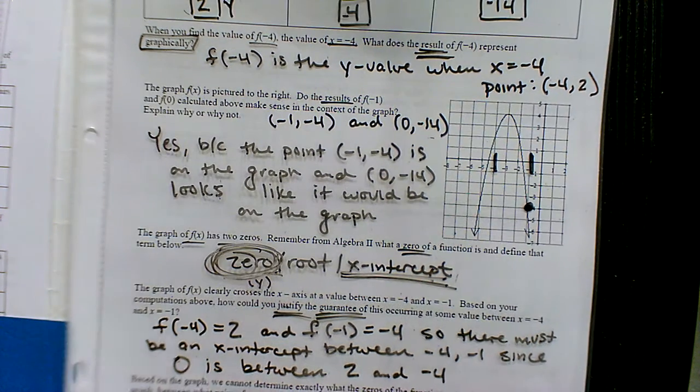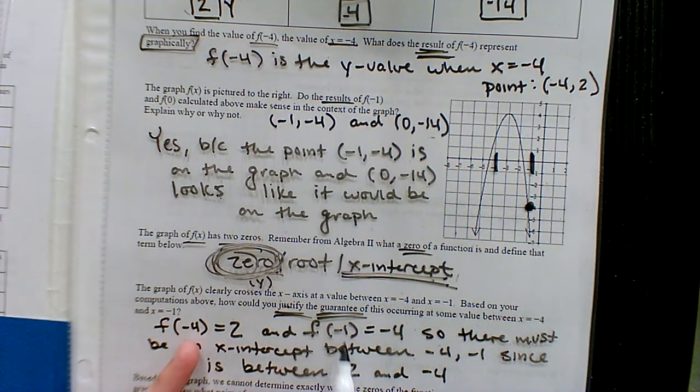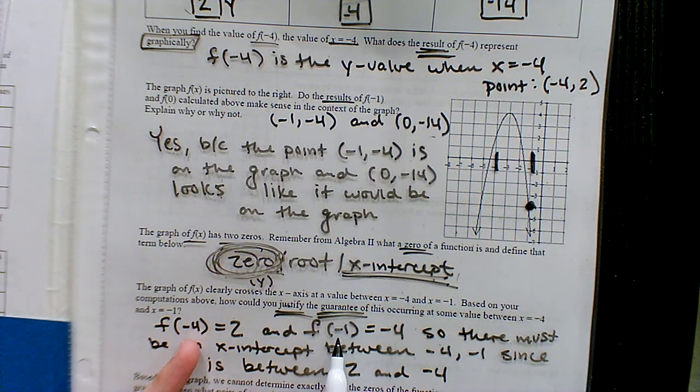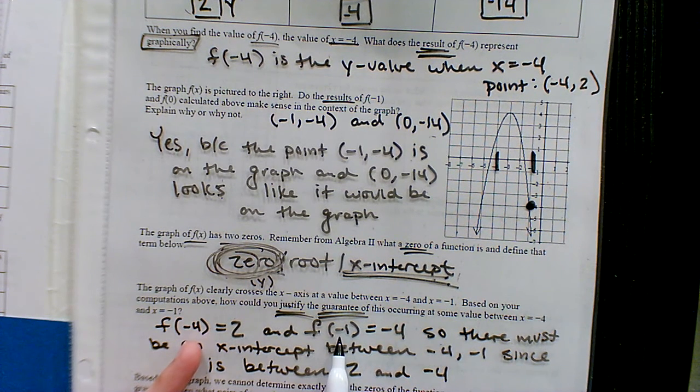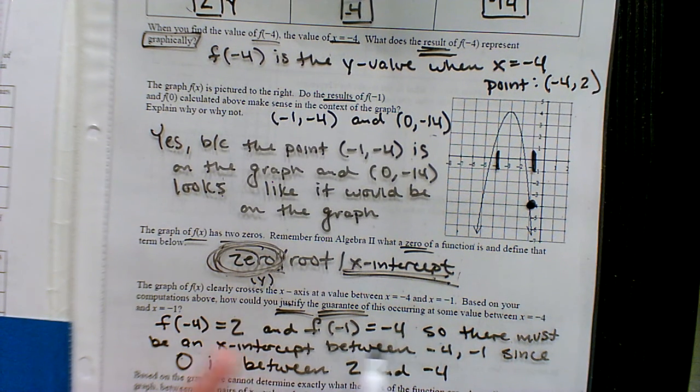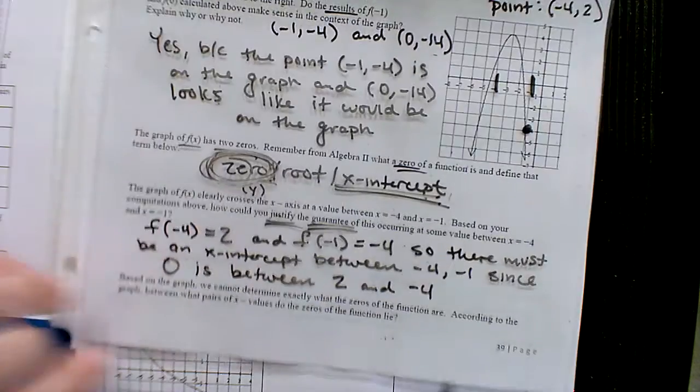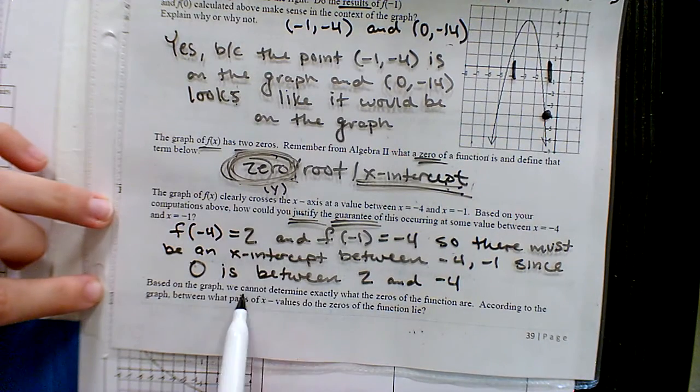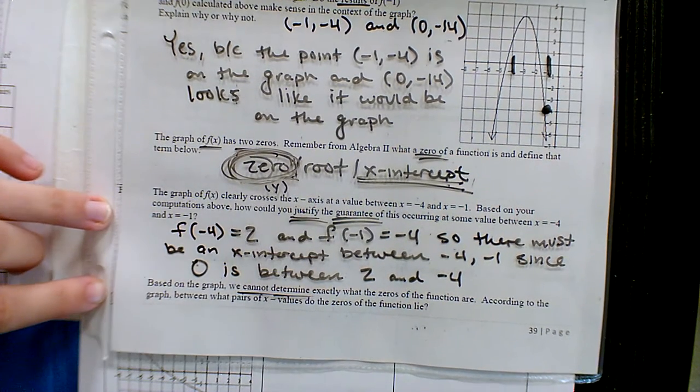Okay, so there must be an x-intercept between the negative 4 and negative 1. The numbers you plugged in, those are x values. Since 0 is between 2 and negative 4, those y values you got out. Make sense now?